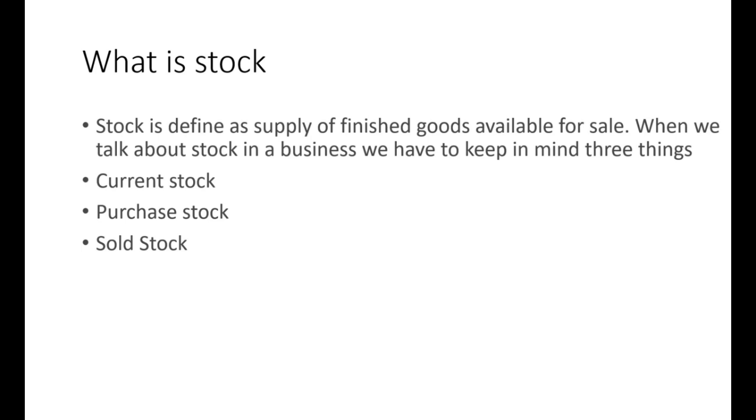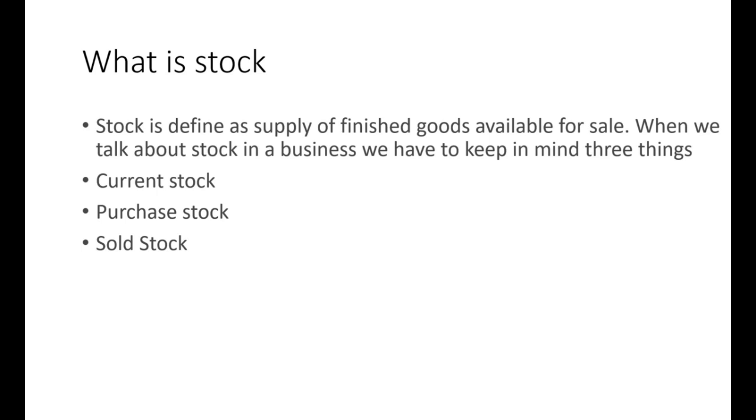When I run a business, I need some type of goods which I have to sell in future, some furniture which I want to sell. So keeping that in mind, the businessman purchases some things from his suppliers.